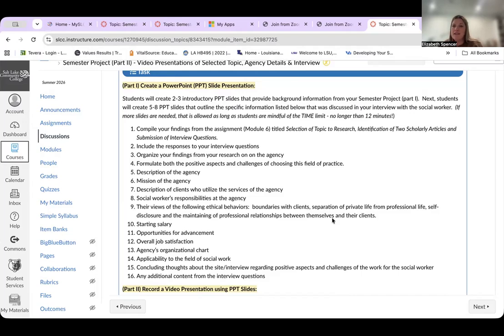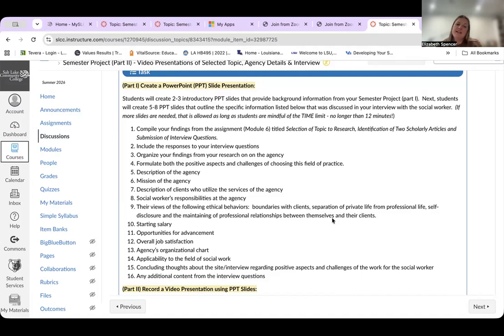That I would also accept with the organizational chart. Number 14. So that's not necessary. Sorry, I'm going to go back. That's not necessary, but I just think those are really good things for you to be learning as a social worker.